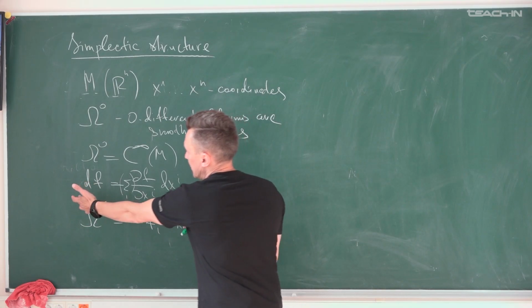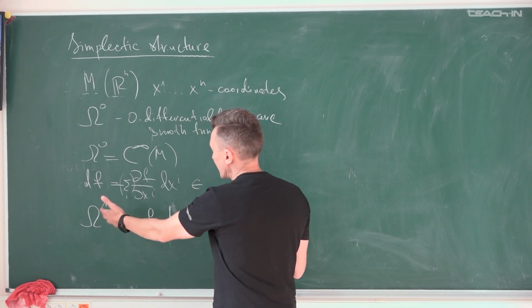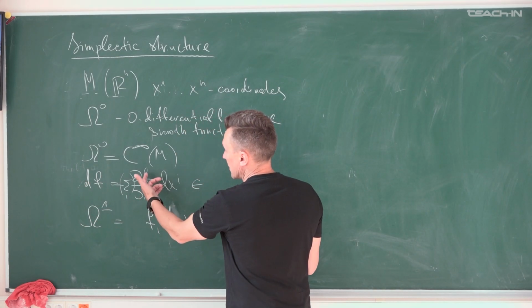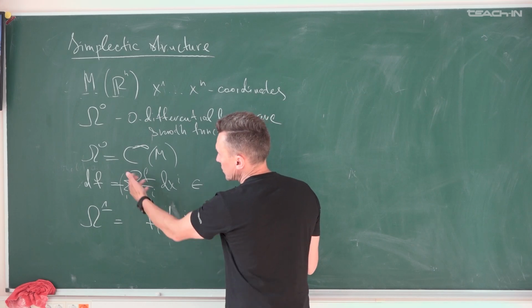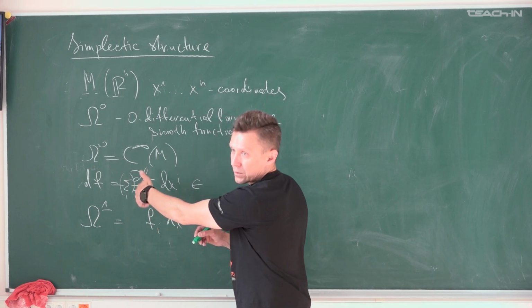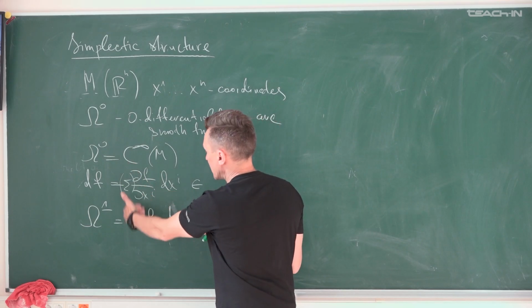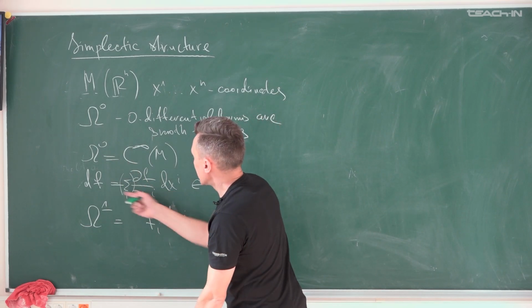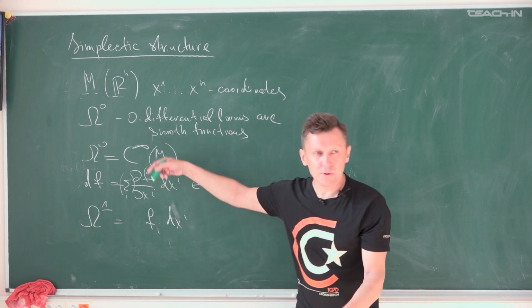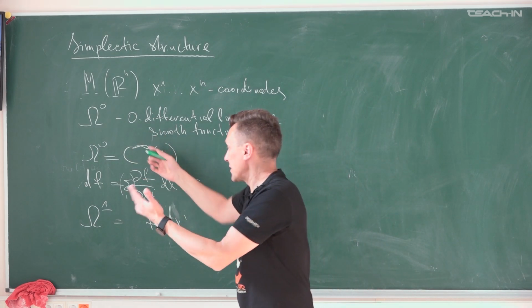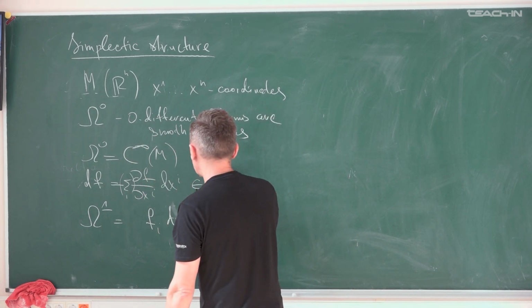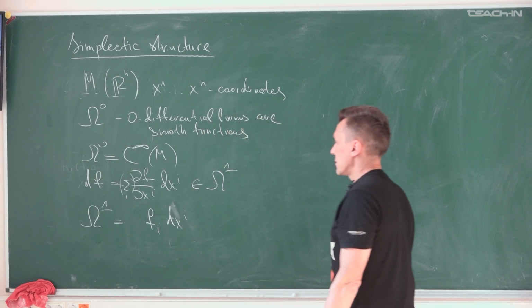And this expression df is obviously an expression of this type, but with functions which are produced from one common function. So these f_i in this expression are just the derivatives of some one function f.